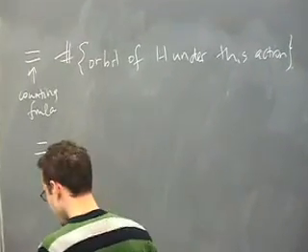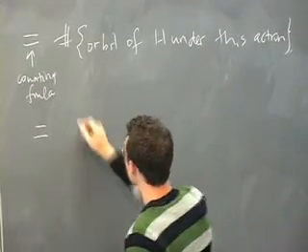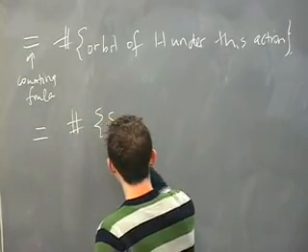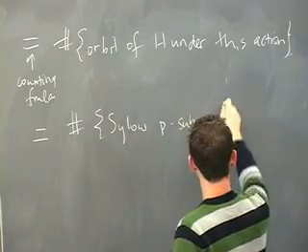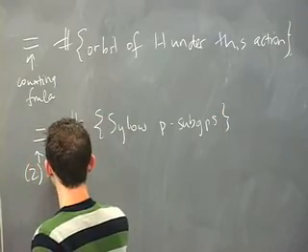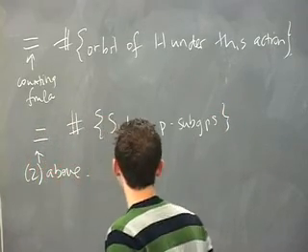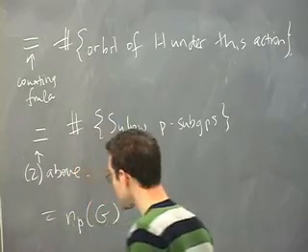And then, because of 2 over here, this thing is the same thing as the number of Sylow p subgroups. And this is just by definition n_p(G).